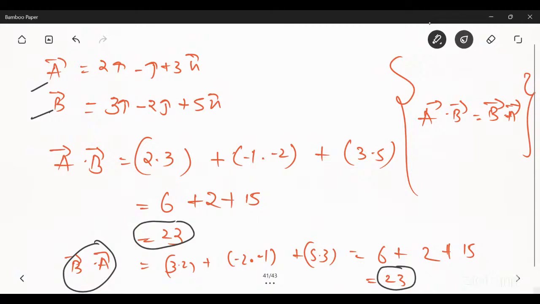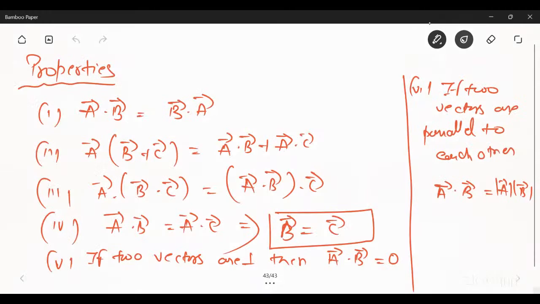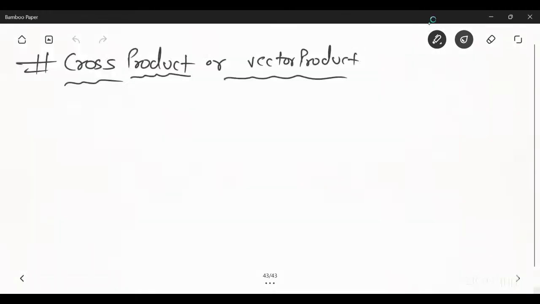And what is the vector product? If we multiply two vectors and we get a vector, that is known as your cross or vector product.